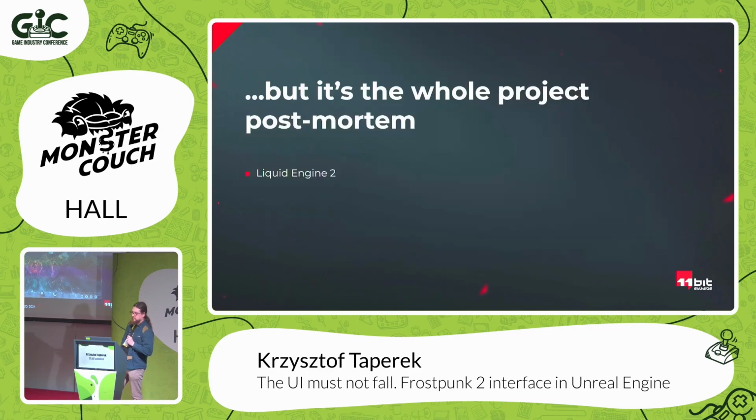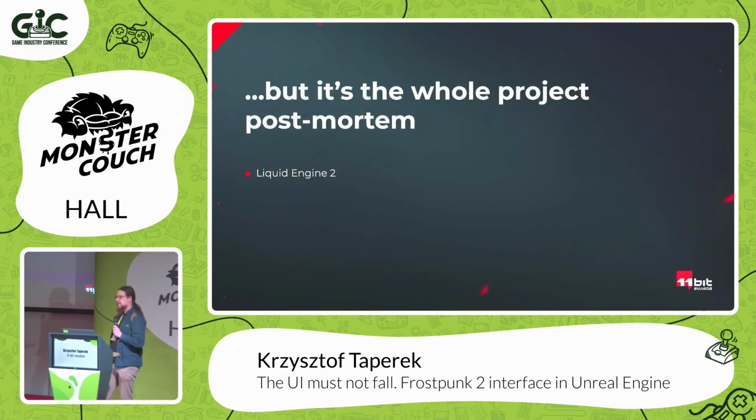But it's the postmortem for the whole project, so I can't skip the beginnings, the less known part of the story, which was the version of our game on Liquid Engine 2.